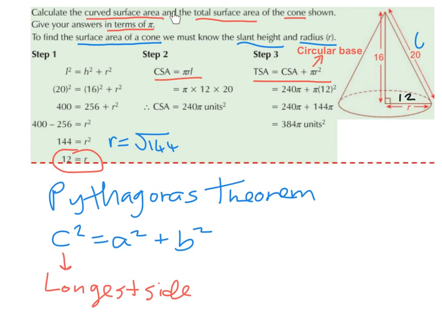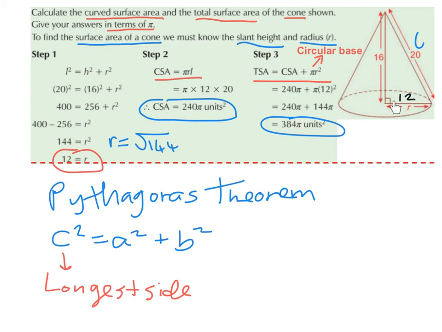So the curved surface area ends up being 240 pi units squared, and the total surface area ends up being 384 pi units squared. The most important part of this question is to realise that whenever we're dealing with cones, there's a right angle triangle inside the cone, and we usually need to use Pythagoras' Theorem in order to figure out what the radius is.